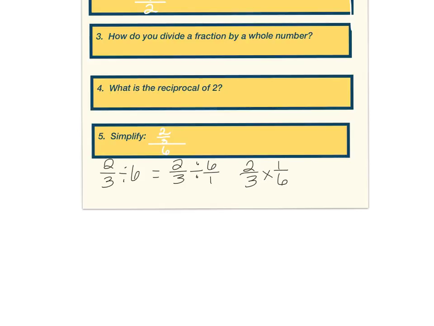Now don't forget to cross simplify if we can. So we can see that 2 can go into both 2 and 6. 6 divided by 2 is 3. 2 divided by 2 is 1. So now our new problem would be 1/3 times 1/3. We multiply straight across, and we would get 1/9.